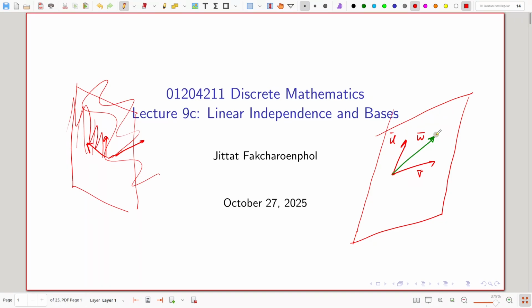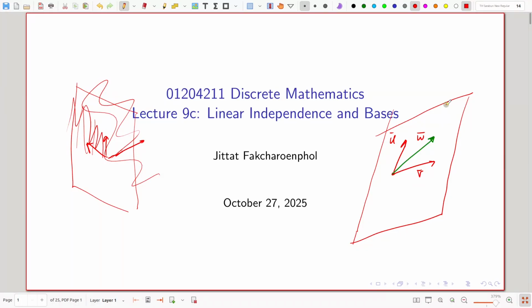Do we need to add w to the set to create the plane? Is w needed for the plane? No. So I want some condition to prevent me from having w. You think of this as a set of vectors. The span of this set of vectors is some vector space, but this set has some other vector that I can remove, because it is not necessary.